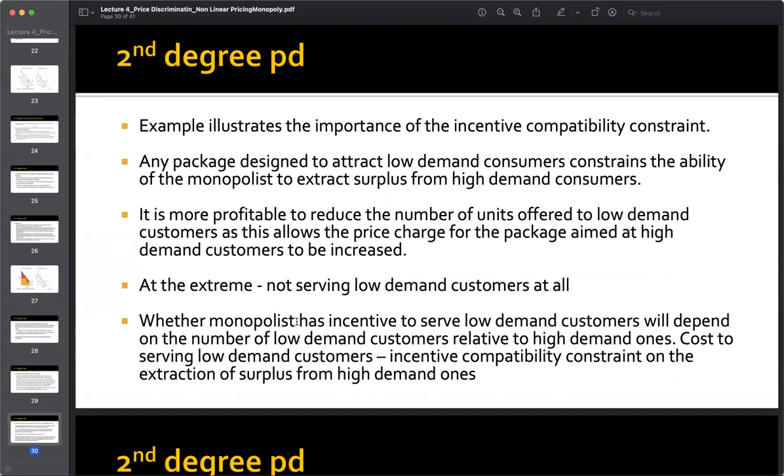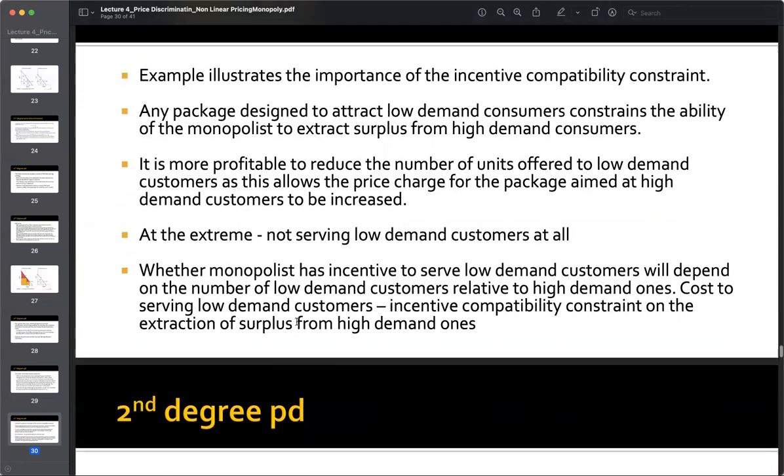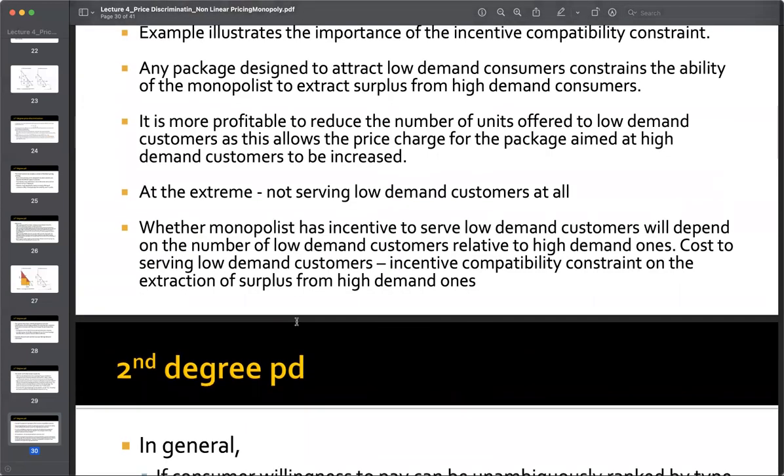So it will only, in the end, offer one package for the high customers, and then extract exactly the entirety of their surplus, right? Whether the monopolist has an incentive to serve low demand customers will depend on the number of low relative to high ones. So the cost of serving low demand customers is the incentive compatibility constraint on the extraction of surplus from high demand ones.